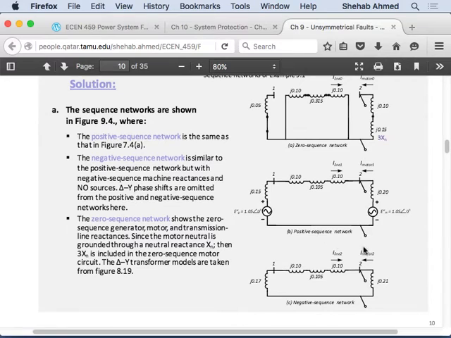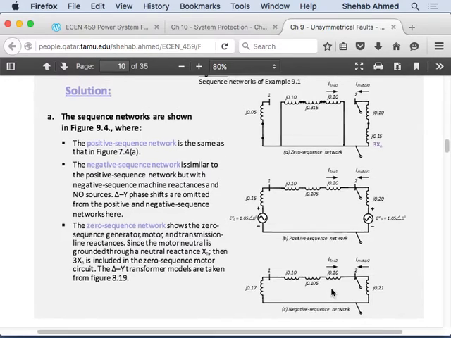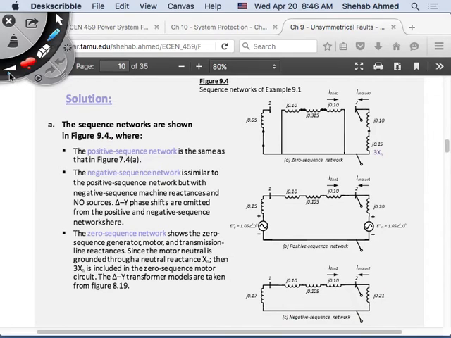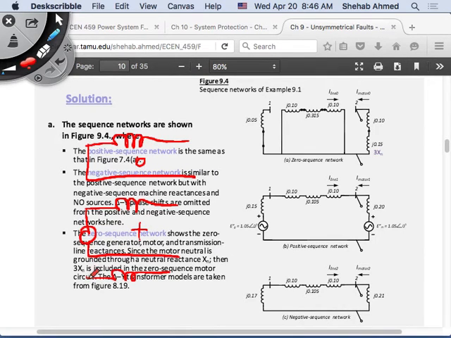So all of these are the separate representations for the sequence circuits. Right? What we did was consider the fault conditions. In the fault conditions, these sequence circuits are actually connected. So we took these circuits and we came up with their Thevenin equivalents: zero sequence Thevenin equivalent, positive sequence Thevenin equivalent, negative sequence Thevenin equivalent.